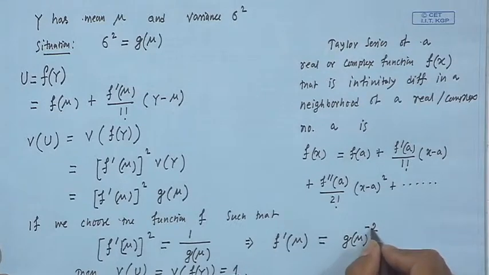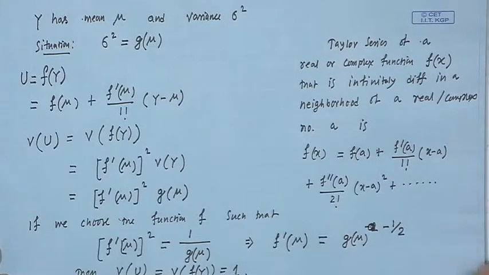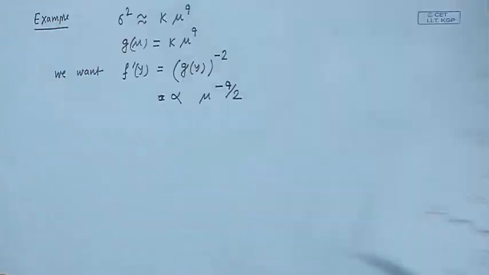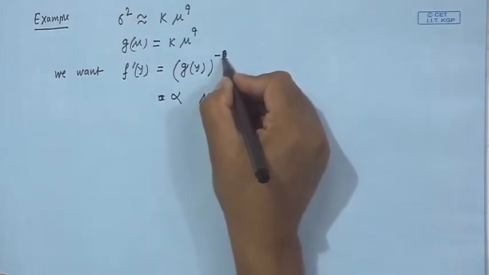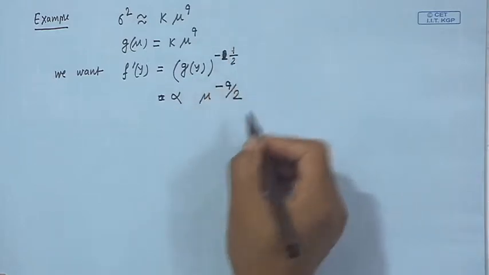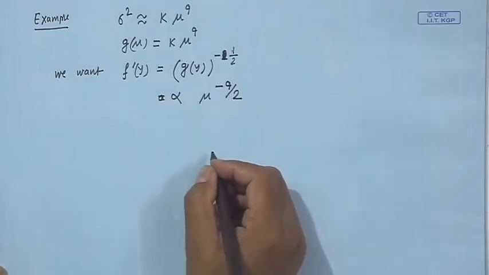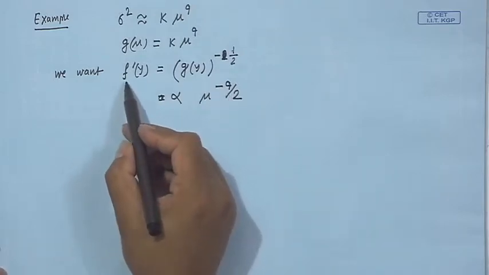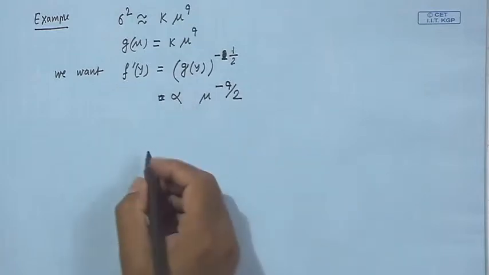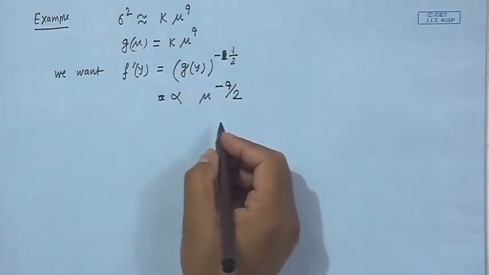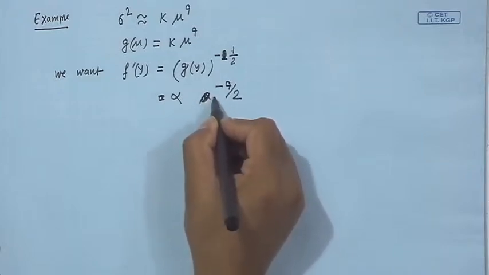So f prime(mu) is to the power of minus half, and this quantity. So, we want a transformation f such that this is true.